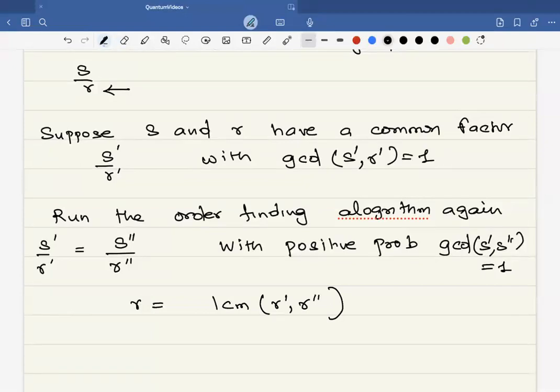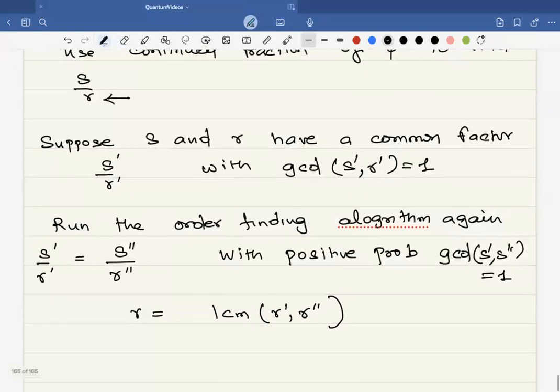But in case S and R have a common factor, we have to run the algorithm again, and then we compute the LCM of R prime and R double prime to get our unknown period R. So that's about the order finding algorithm. And in the next video, we'll see how the order finding can be used for factoring. What is the connection between order finding and factoring?